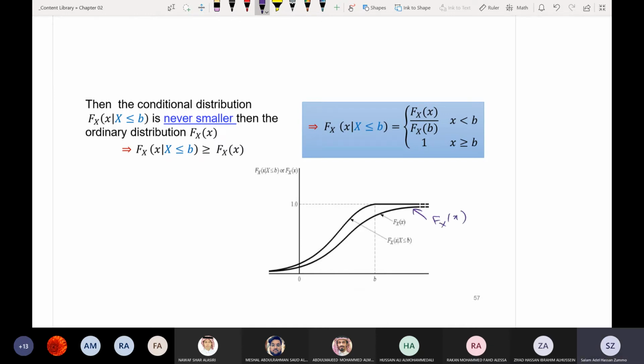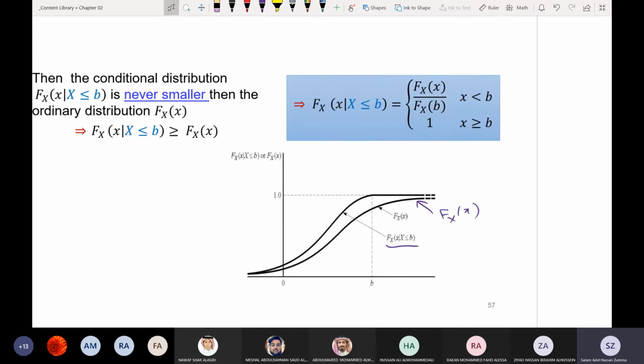Okay? Then the PDF, then the conditional CDF هو fx of x given b, given x less than or equal to b. For larger than b, it's 1. For less than b, this is nothing but fx of x اللي هو نفس الكيرف هذا divided by a number that is less than 1. وهذا less than or equal to 1.